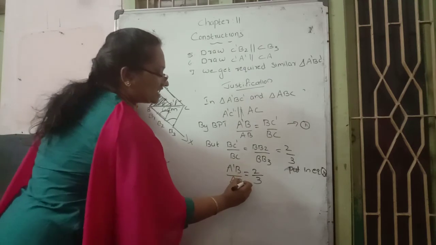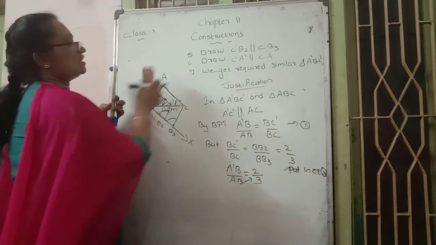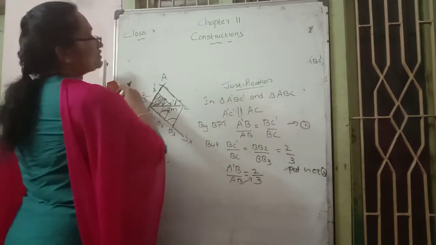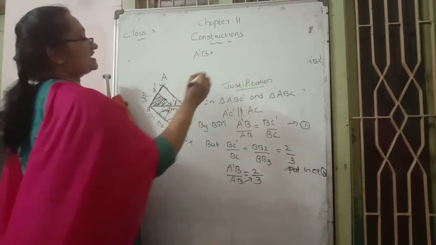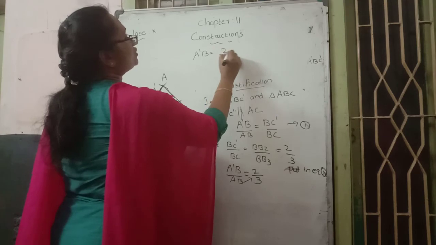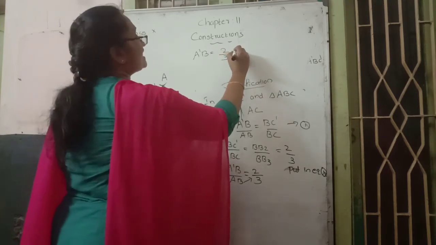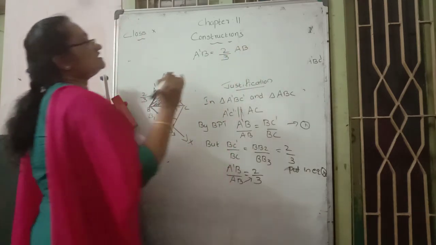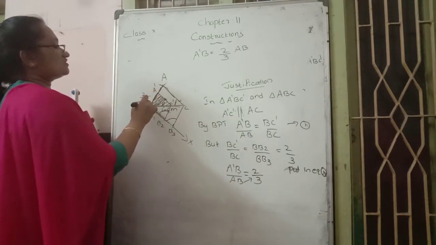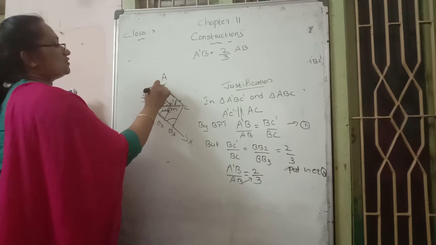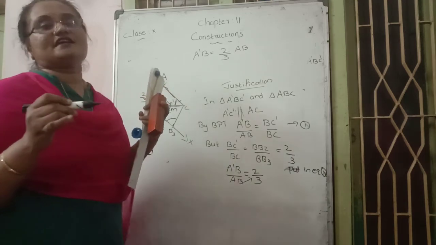That means, cross multiplying, how much do we get? A dash B, our similar triangle side, is equal to 2 by 3 of our original triangle side. A dash B side is equal to 2 by 3 part of our original triangle side AB.